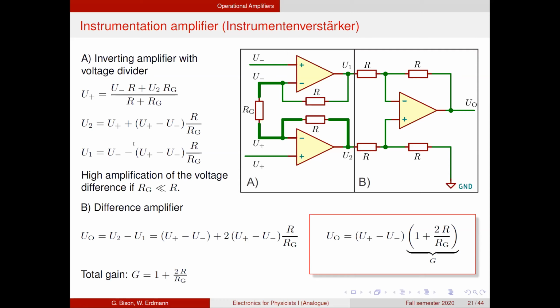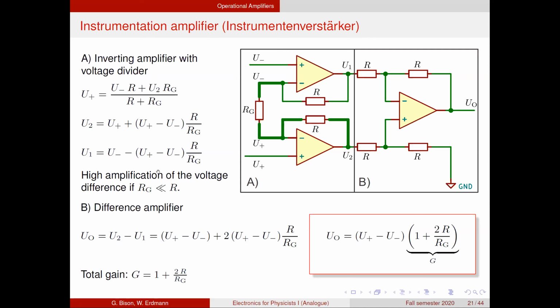Okay, now what part B of the circuit does, we have already seen, this is a difference amplifier. And so the output is simply the difference between voltage 2 and voltage 1. And so that's easy to calculate. What we get is 1 times the difference between the input voltages, because there was a copy of each input voltage in those.